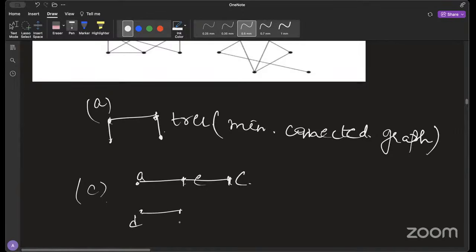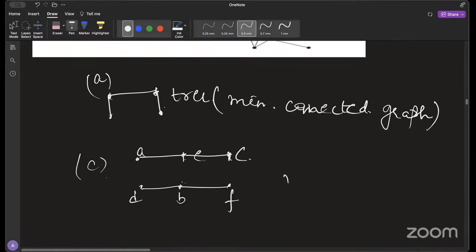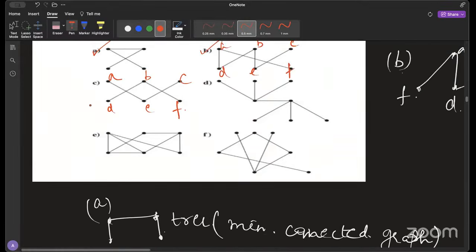So this graph is simply this, and this is not connected. So not a tree. This option is incorrect.